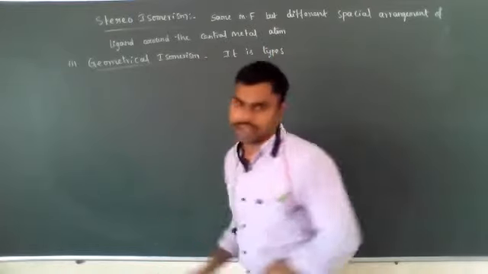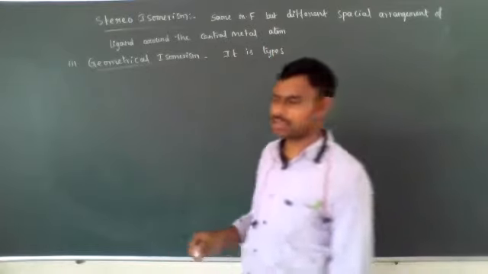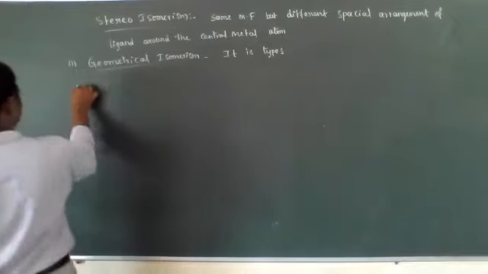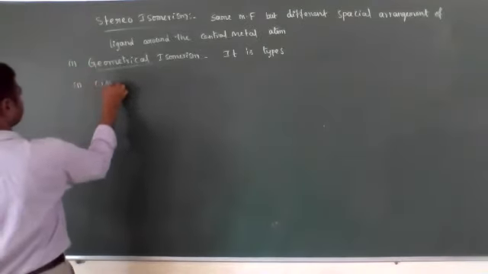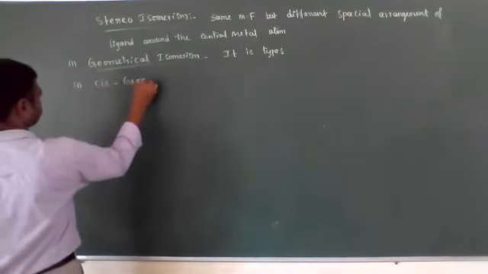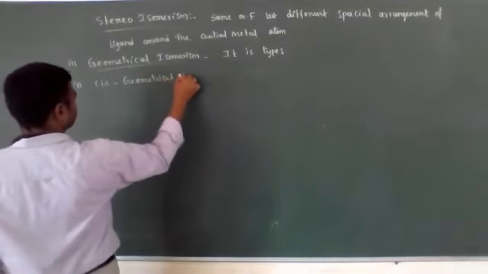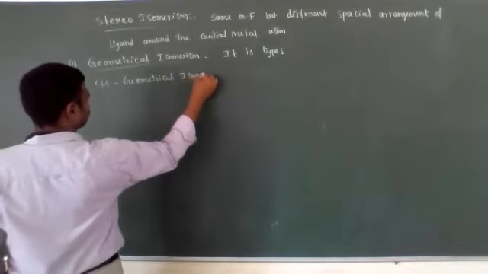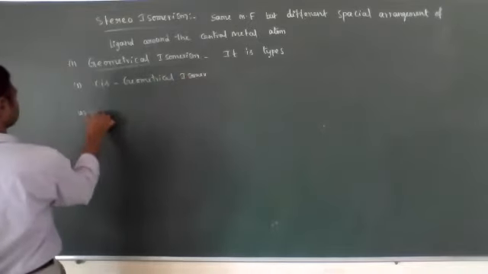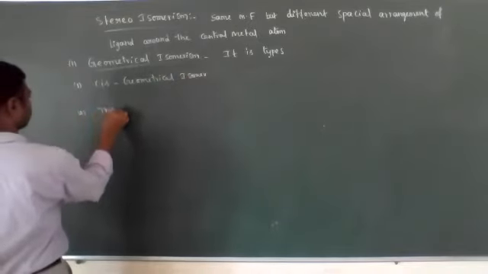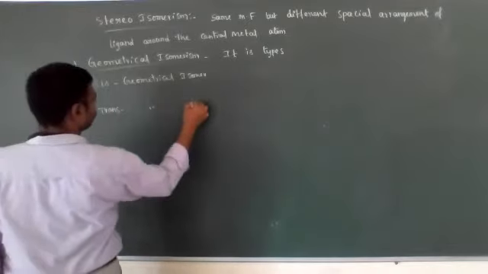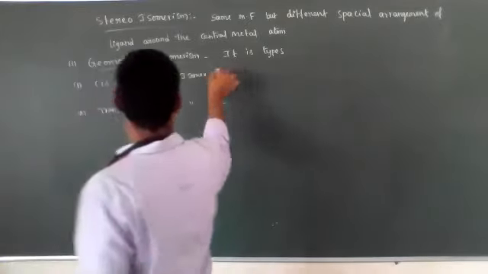Geometrical isomerism is of two types. The first one is the cis geometrical isomer, and the second one is the trans geometrical isomer. What is a cis geometrical isomer?